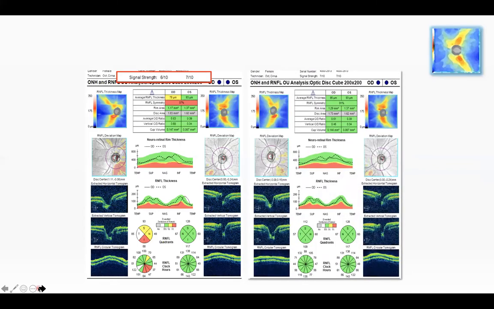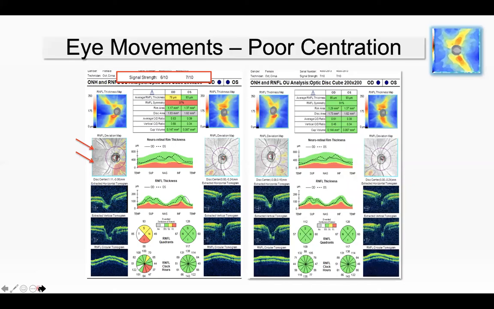When you look at the RNFL thickness map and deviation maps, you see here the motion artifacts and poor centration of the disc. You see the vessels are not continuous, so I moved during the scan. So having good signal strength does not always guarantee good scan quality. You have to look for the other clues. So eye movements and poor centration is one of the reasons for the red disease.